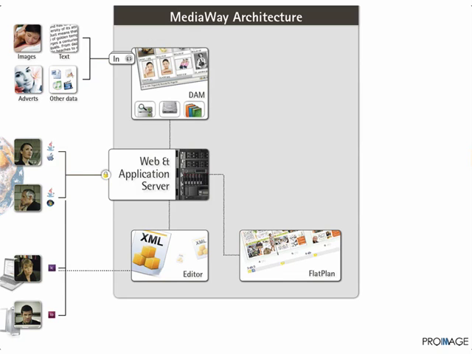Another powerful feature of MediaWay is that it contains a built-in flat plan module, which allows you to create a plan of what you wish to publish, identify the specific pages and what they will be used for, and calculates real-time percentages of the mix of ads versus editorial content. All the data you need for planning your publication can either be created within the flat plan module itself, or they can be imported from an external system into the flat plan module, which is then used to define the publication.